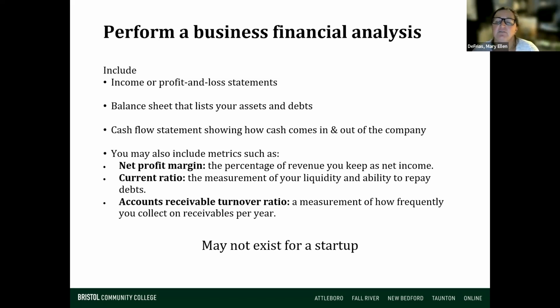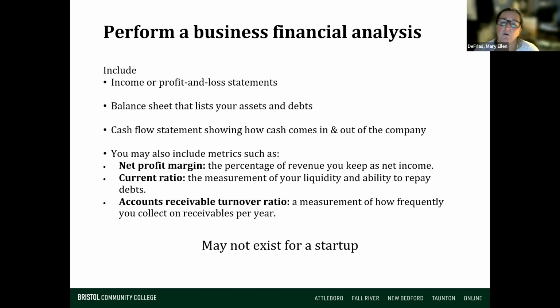Some other things that banks might ask you for would be a net profit margin, and that's just looking at the percentage of revenue you keep as net income. So if you're saying that the revenue from the company is $25,000, but you're keeping 10% of it, then that percentage is your net income.